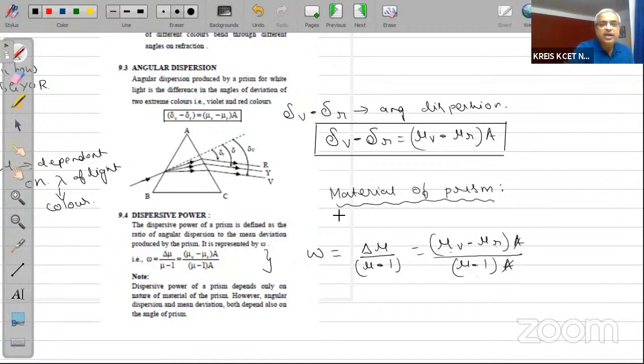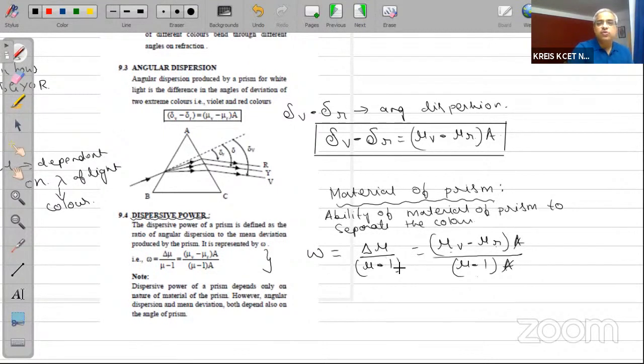Now we will look at another parameter which will help us in understanding the ability of the material of the prism to separate the colors. And that idea is called the dispersive power, as you can see here.